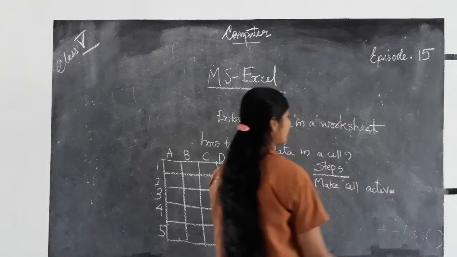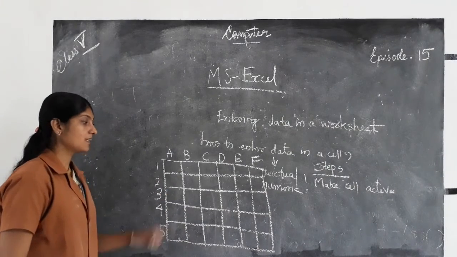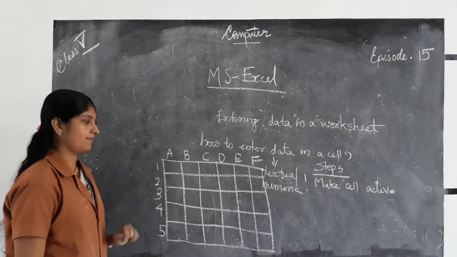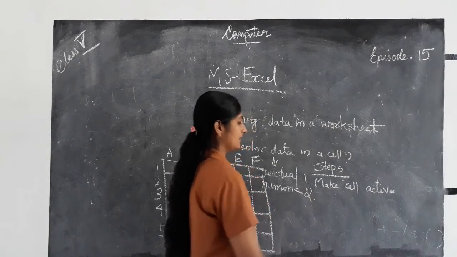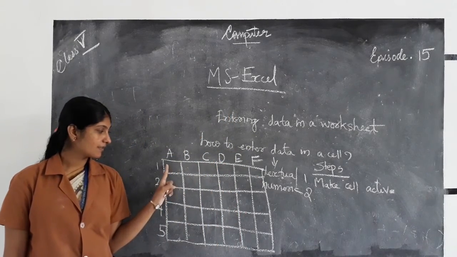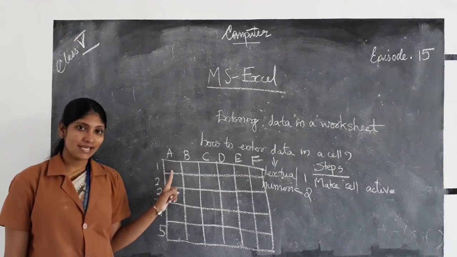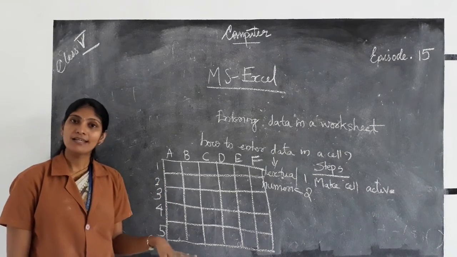So how to make that cell active? By clicking on it. Simple. By clicking on the cell, it becomes active. Then after that, when we click on that cell, the cursor will be displayed on the cell, and you can enter the data by typing on the keyboard.